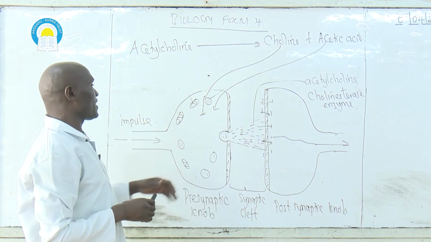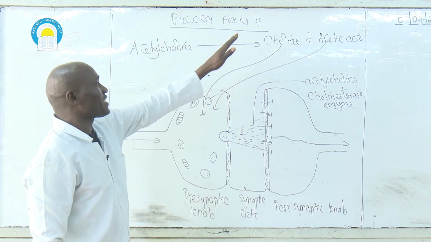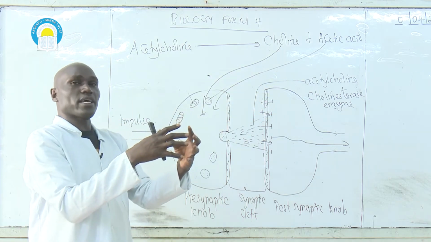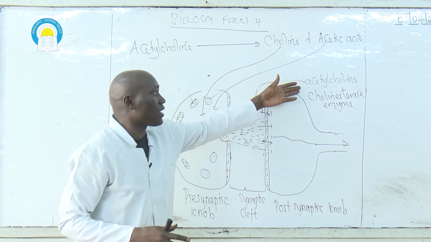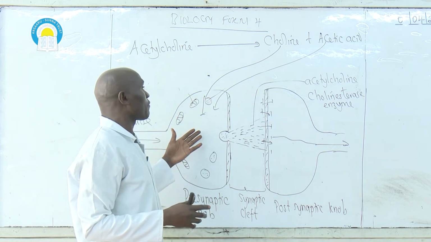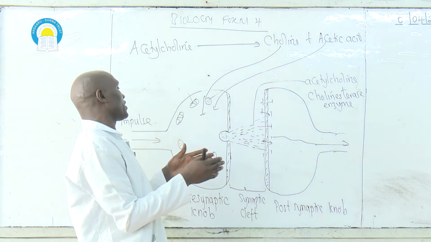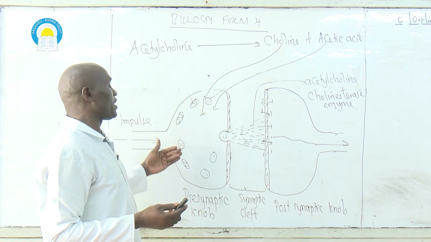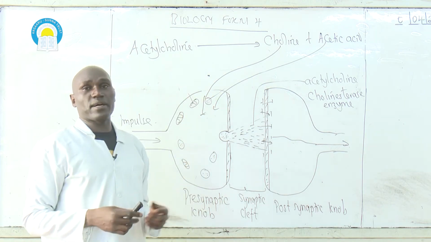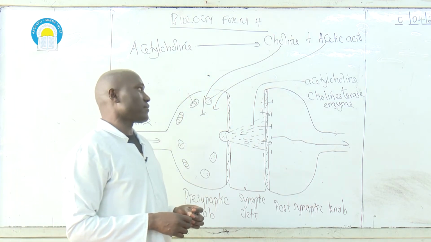Once within presynaptic knob, choline and acetic acid will be joined together using energy from mitochondria to form acetylcholine. The acetylcholine formed will then be incorporated into another synaptic vesicle, which will now be ready for transmission of the next impulse.